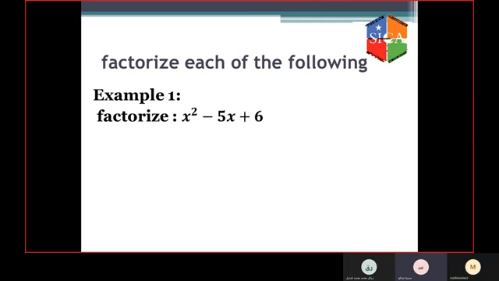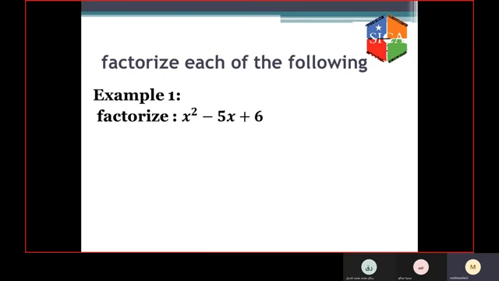Two numbers, if we add them, the sum will be negative 5, and the product is 6. Then the strategy is product sum, because the last term sign is positive. Positive means sum.